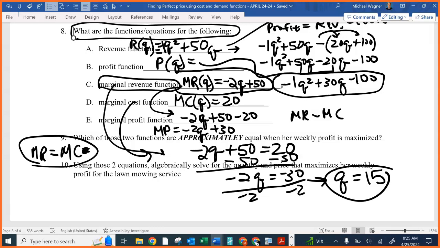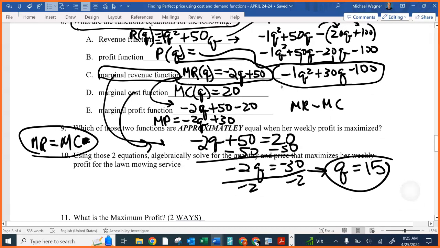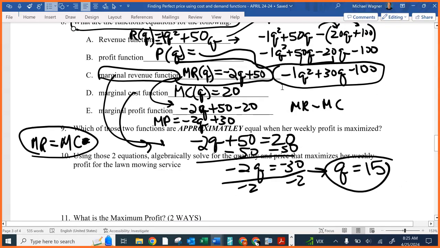All you have to do with the marginal revenue is take the demand and multiply the slope by negative 2, and you got that. Marginal cost, all you have to do is look at what the slope is, the 20, set them equal and solve, and you're done. Okay, so that was how we find our quantity with equations, and that's what number 10 was doing, by the way. So we basically did number 10 and number 9 at the same time.